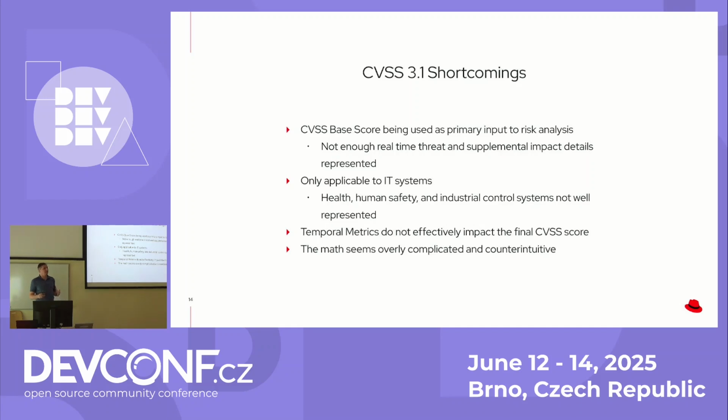There are a few shortcomings of this system that people figured out over the years. First is that most people only use the base scoring, because temporal wasn't precise enough, so it basically hasn't been used. And as this standard was evaluated with software, it was only applied to IT systems, so there were no concepts and concerns about OT systems, IoT systems, healthcare, industrial, and things like that.